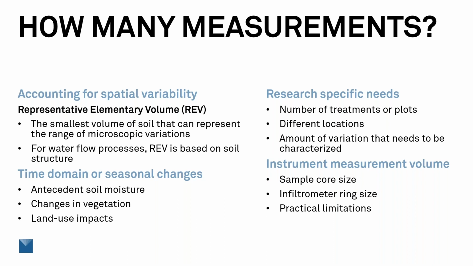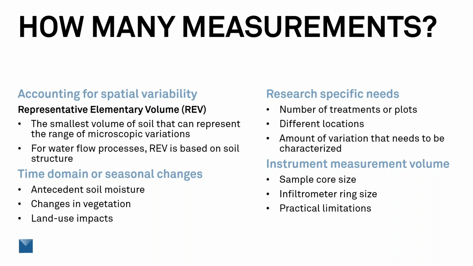And one of my favorite terms that comes to mind when thinking about spatial variability is representative elementary volume, or REV. And what REV tells you, it's the smallest volume of soil that can represent the range of microscopic variations in the soil of that property that you're trying to measure, whether it's hydraulic conductivity, water content, water potential, these various things.